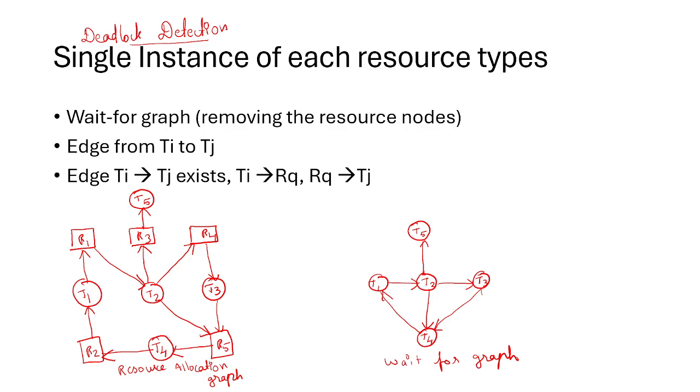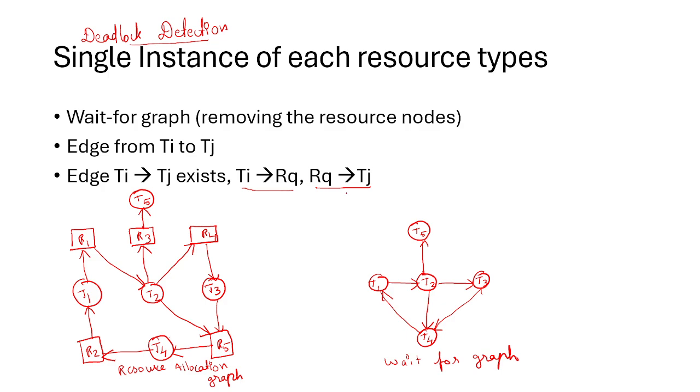An edge Ti to Tj exists in a wait-for graph if and only if the corresponding resource allocation graph contains two edges: Ti is requesting resource Q, and resource Q has already been allocated to Tj. Then only we have an edge Ti to Tj in the wait-for graph.